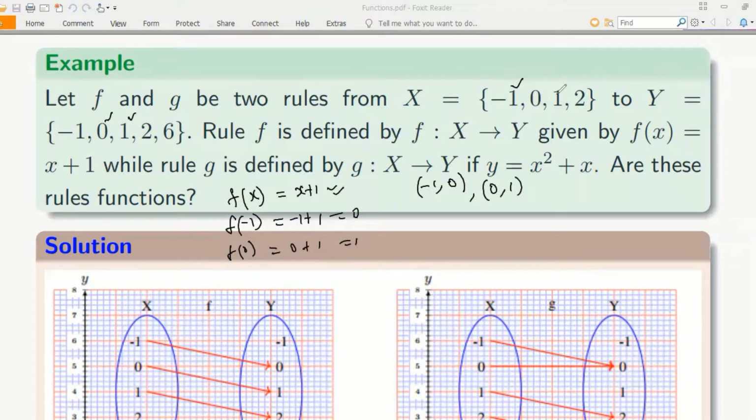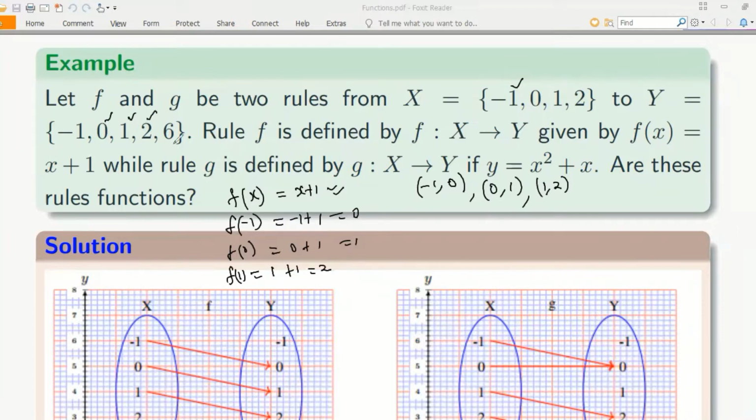Then we come to object 1. If the object is 1, what will be the image? Where there is x, I write 1, 1 plus 1, that will give us 2. So 1 is assigned to 2. Is 2 there?